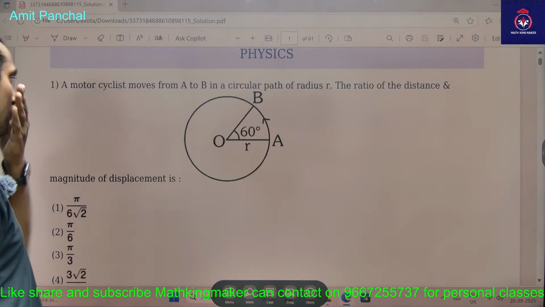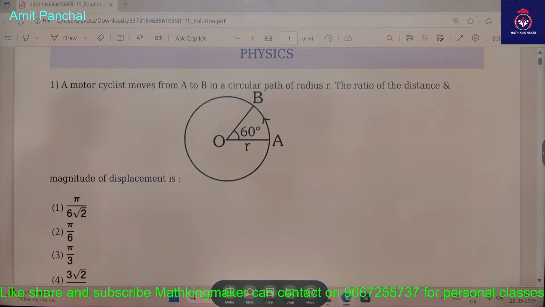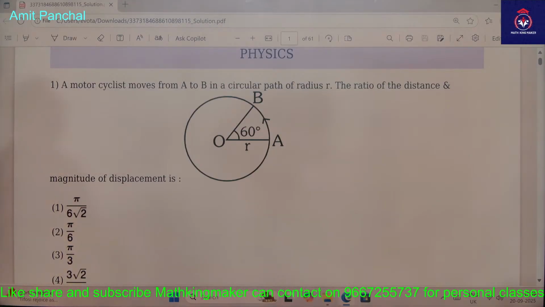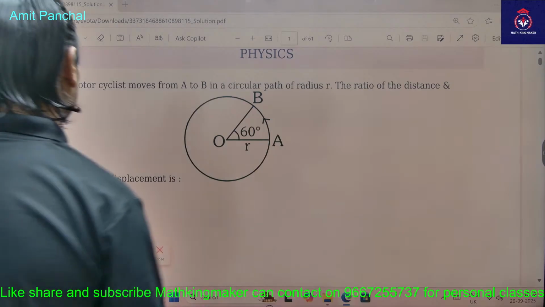We have a formula to find the distance along the arc of the circle. So how much is the arc of the circle?